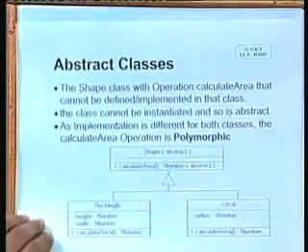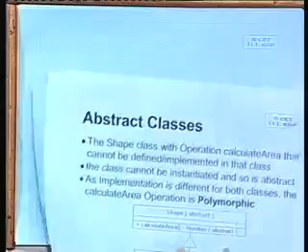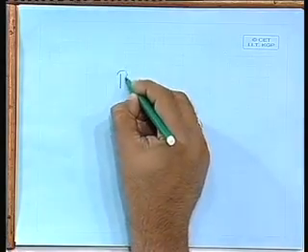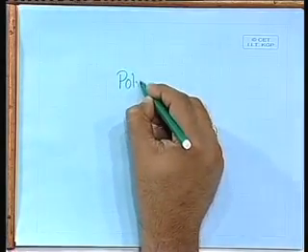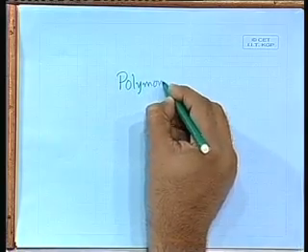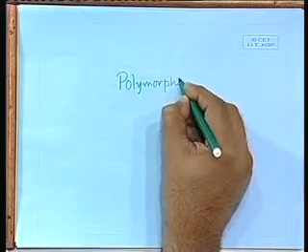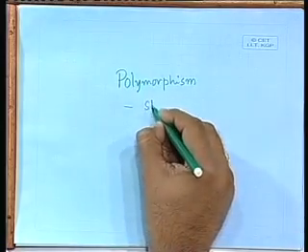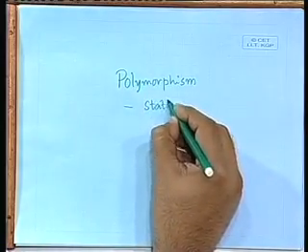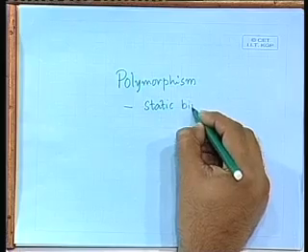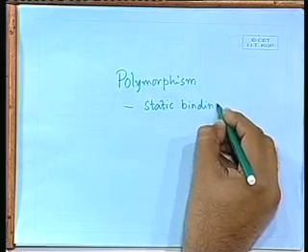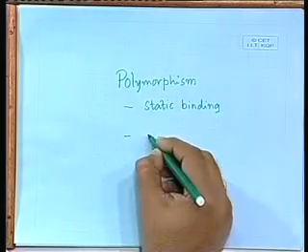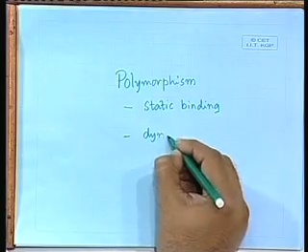Alright. So, essentially the idea of polymorphism is where we have so called static binding and the dynamic binding.